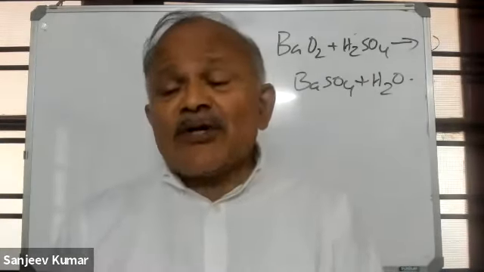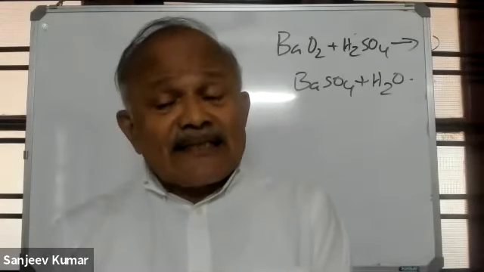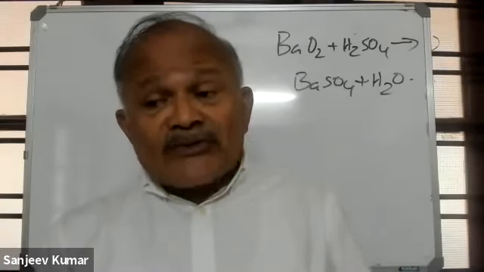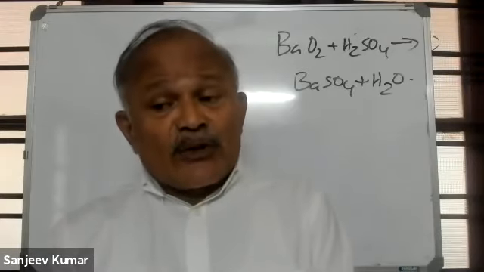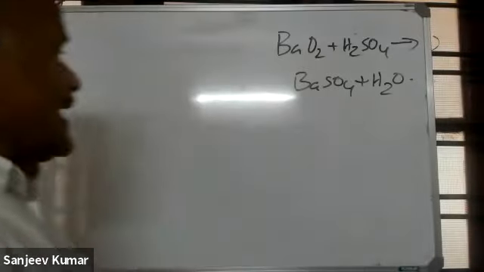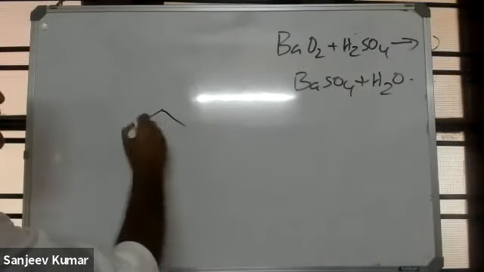And the manufacture of hydrogen peroxide is by the auto-oxidation of 2-ethyl anthraquinol.